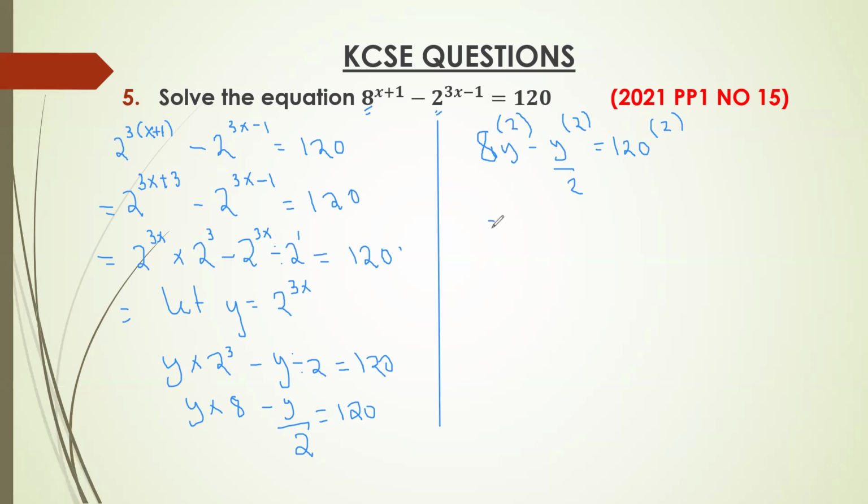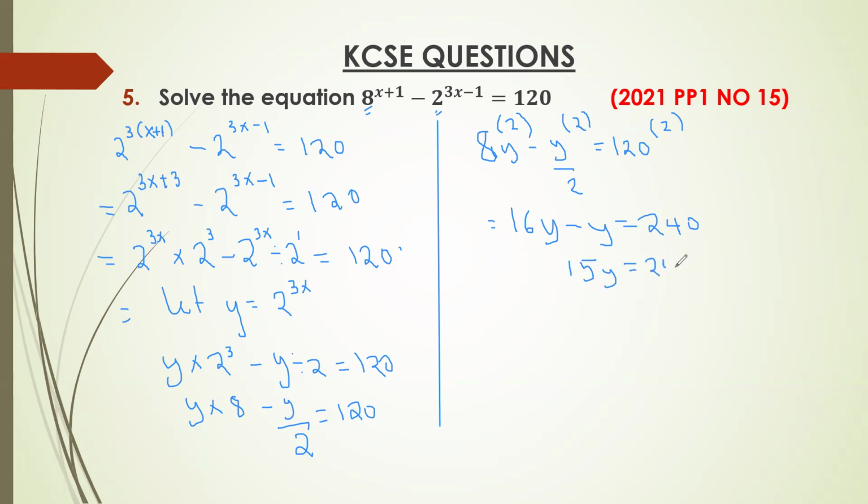Multiply by 2 and multiply by 2. So hapa itakuwa 16y minus y equal to 240. Sawa. 16y minus y ni 15y equal to 240.